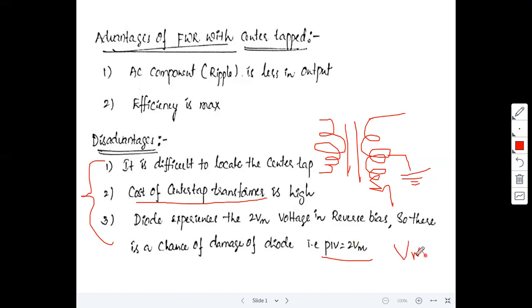So Vm is the maximum input voltage, right? Vm is equal to Vrms by 2. So the maximum voltage, the peak inverse voltage, is equal to 2 Vm only.